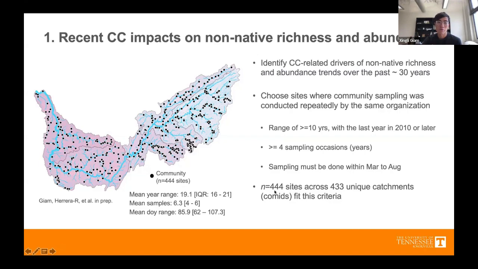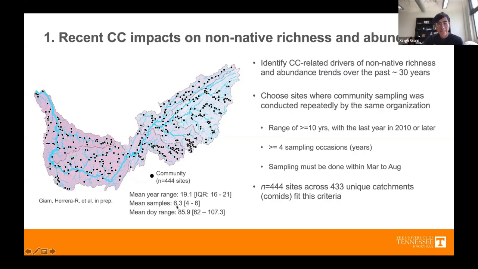So in total, we found 444 unique sites across 433 unique catchments. And the mean year range of our time series is 19.1. So they're pretty long. A lot of the time series span 15 to 21, 16 to 21 years. That's the IQR, the interquartile range, the 25th and 75th percentile.